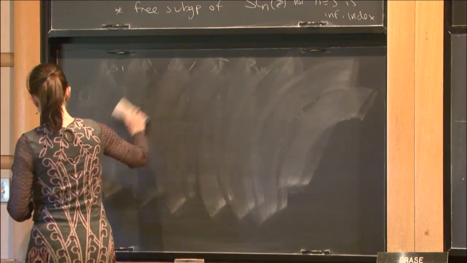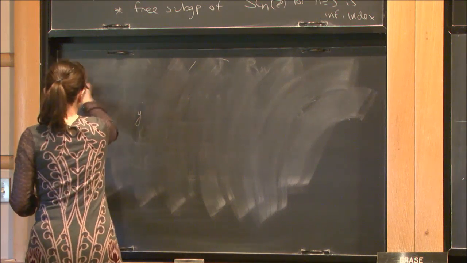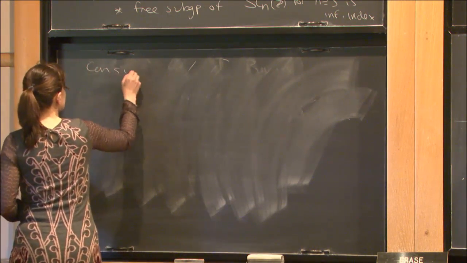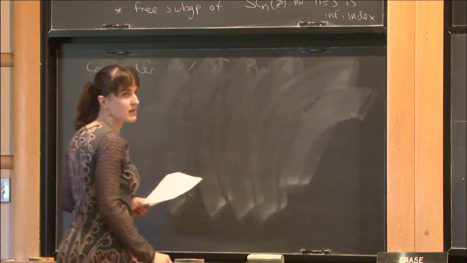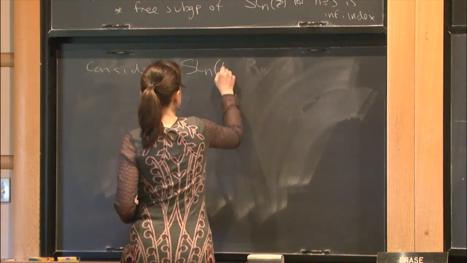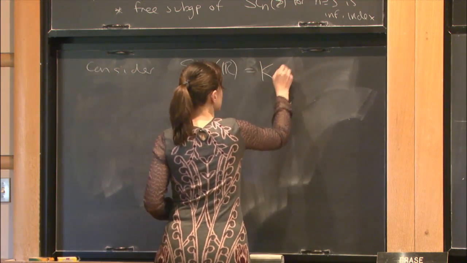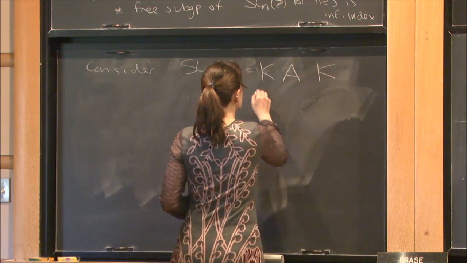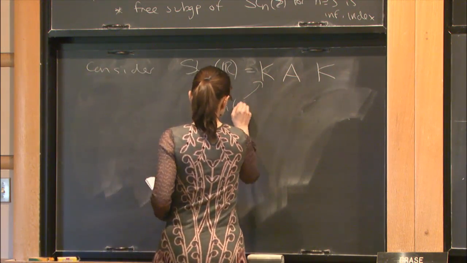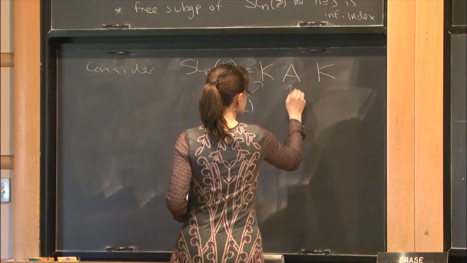Okay. So first of all, recall that SLnR has a Cartan decomposition, KAK, where this K is the maximal compact subgroup, SOnR, and A is diagonal.